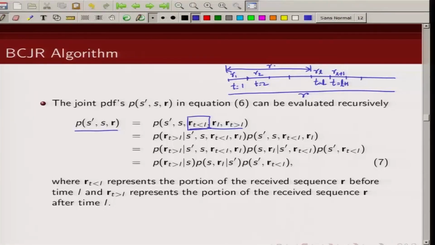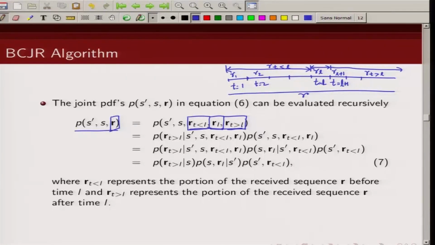This is R for t less than L. Next is this section, which corresponds to R for t greater than L, and then the third section is this, which corresponds to R L. Okay. So, what I did was I split this R into 3 segments: R corresponding to time less than L, R at time L and R at time greater than L.